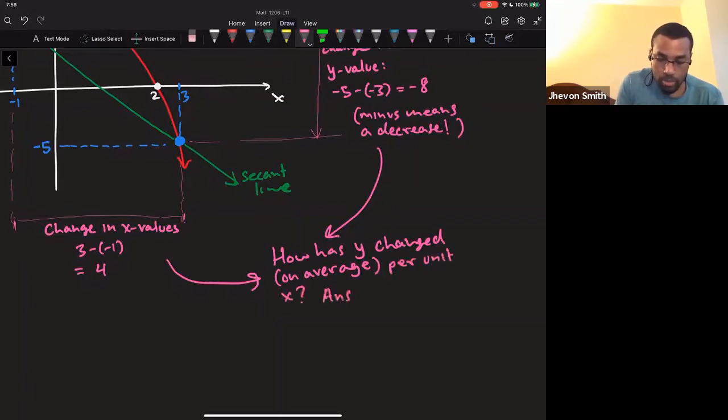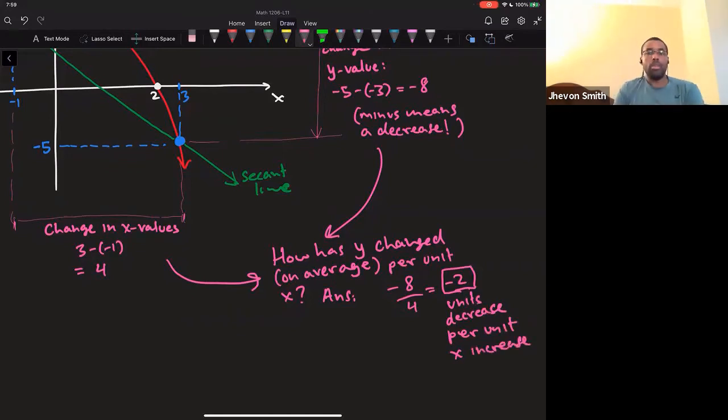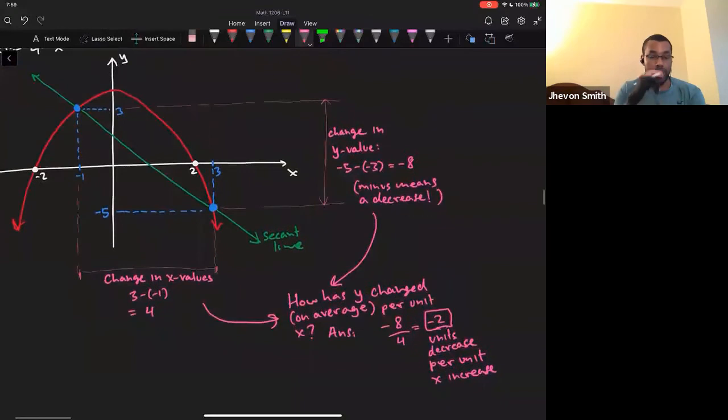And the answer would be, well, the y decreased by 8 over 4 units, so here it's -2. And what that means is it's -2 units decrease per unit x increase. Okay, so what you'll notice is that on average, this thing is falling like 2 units every 1 unit increase in x.